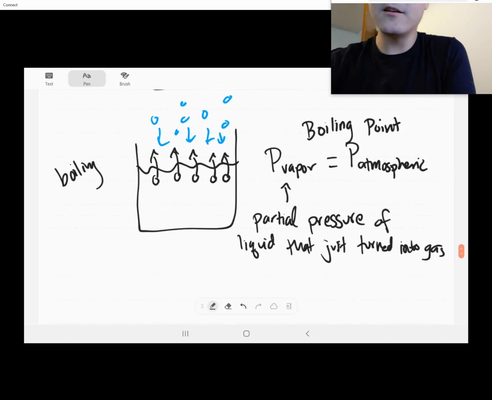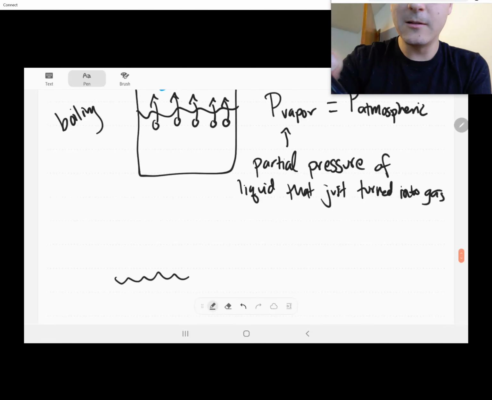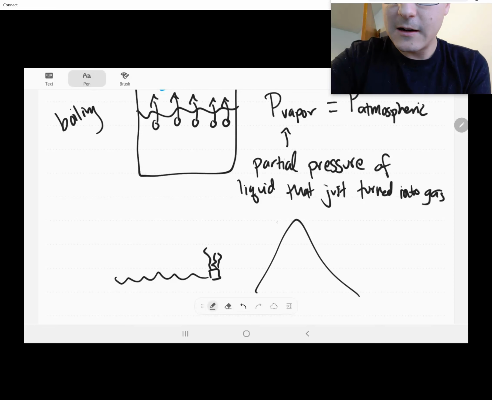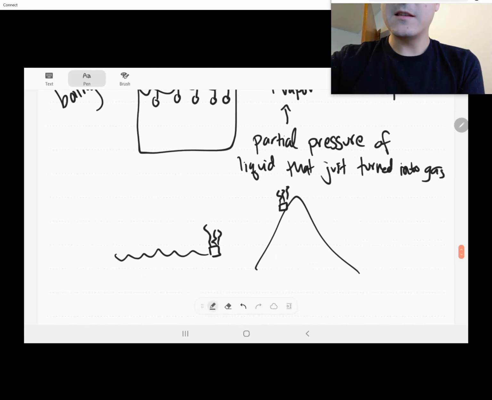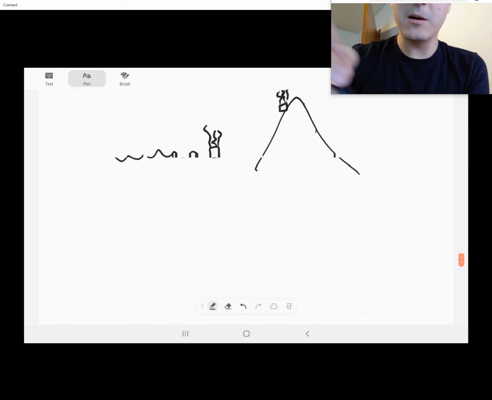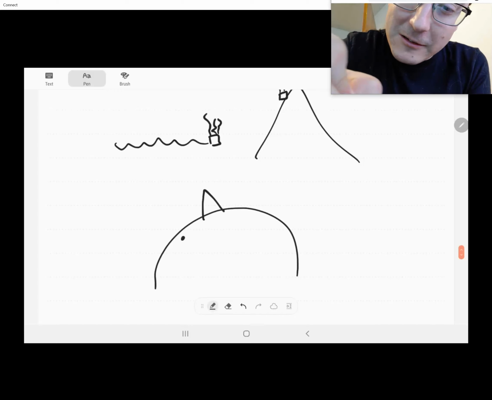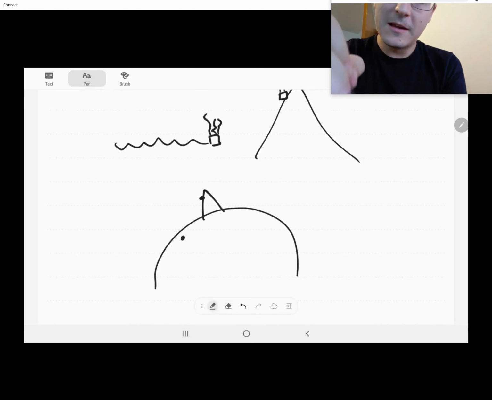So consider at sea level, here we are with our boiling water, versus on the mountaintop with our boiling water. Okay, let's forget this picture and draw a bigger picture. Here's the globe, and now we have this mountain, and here's where we are.